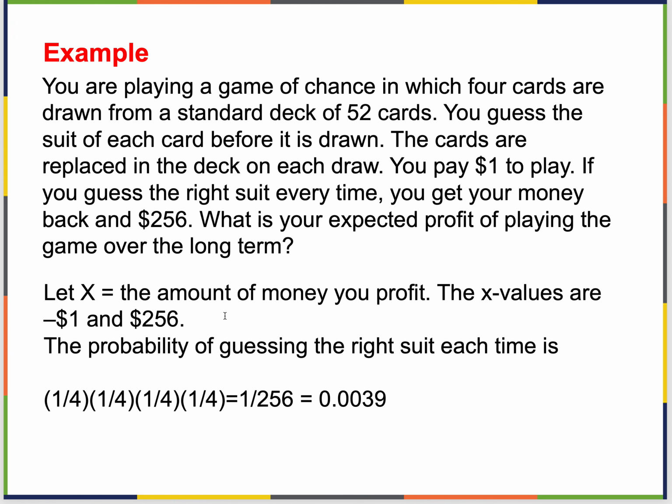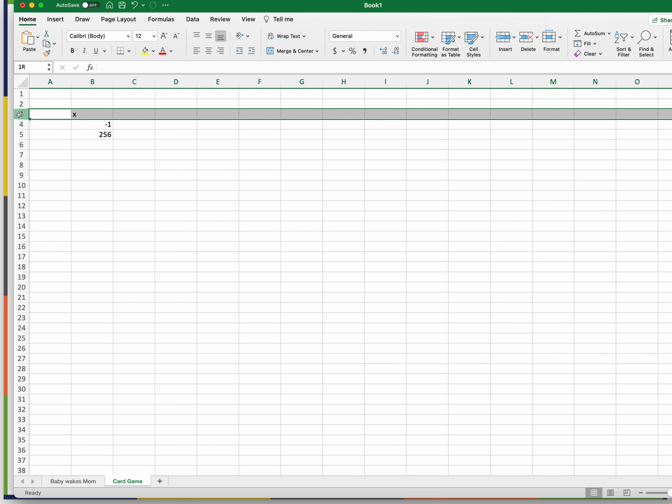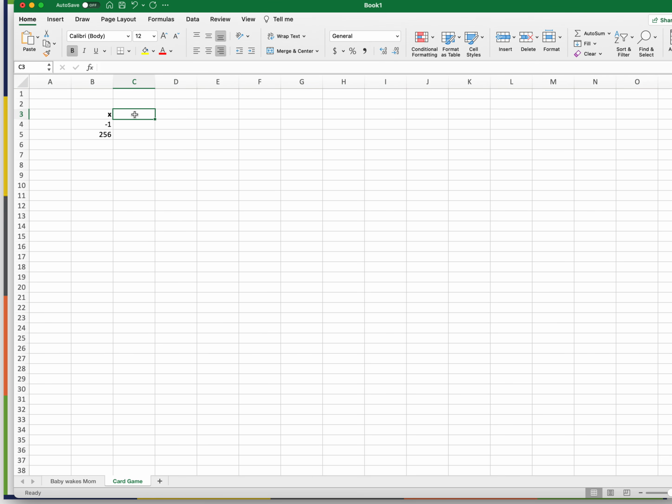Okay, so what do we have? X is the random variable, and I have -1 and 256. Those are the only two values this can take on. So let me make these all justified. And what's the probability of X happening? The probability of big X equal to the little x. What's the probability of X being -1?